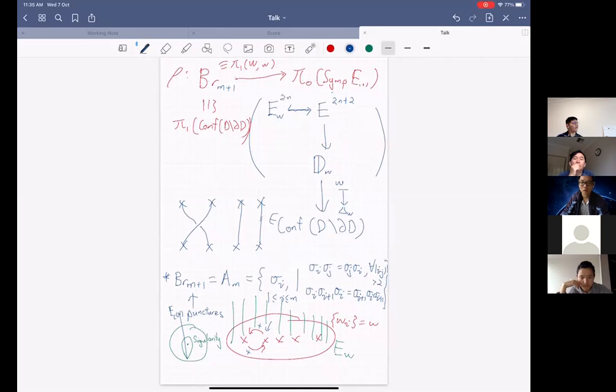Why? Did you say E_W was the set of fibers over the whole disk, or the pre-image of the whole disk? Right, the pre-image of a fixed disk. It's 2n plus 2 dimensional.